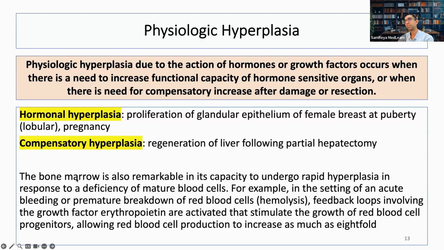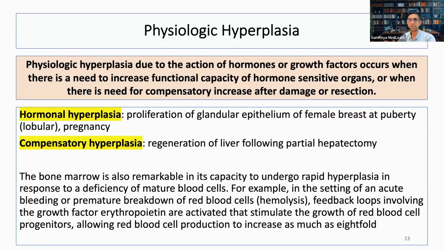Another example that I would want you to always remember is the bone marrow. In hematology, this concept is very important. We will almost every day talk about hyperplasia happening in the bone marrow. The bone marrow has a very high capacity to undergo rapid hyperplasia to restore cells.